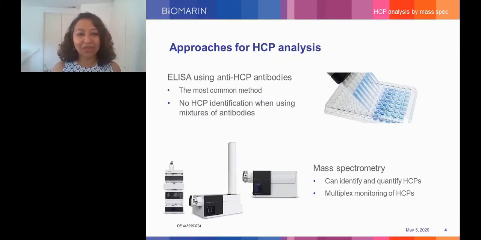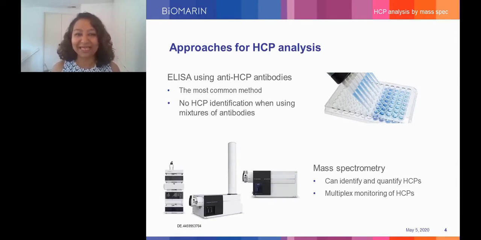And going on to the next slide, the typical approaches for host cell protein analysis so far have been focused on an ELISA approach, which is where you use antibodies and you take the drug substance in some kind of a form before it's completely purified, so the harvest or one of the purification steps, and you inject that into animals and you elicit an antibody response.